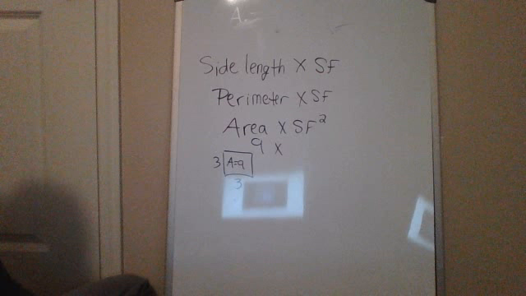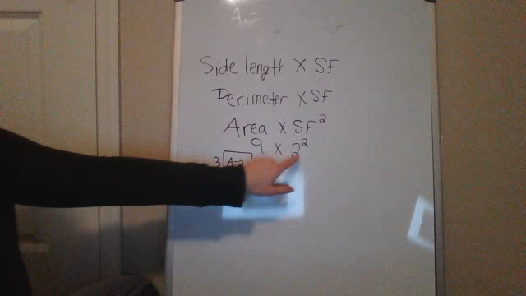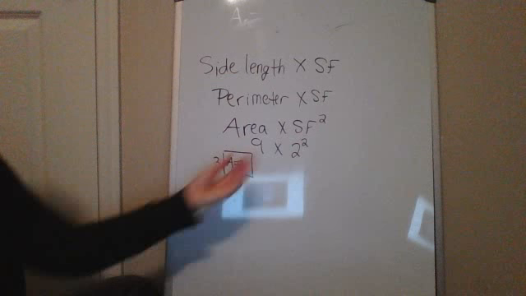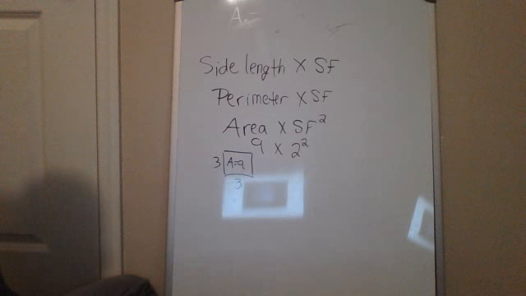Well, the area is 9, scale factor is 2, so because it's area, I square it. So that's the same as 9 times 4, so the area of the new shape would actually be 36. And what this tells us is a scale factor of 2, 2 squared, 4. The area of the dilated shape is actually 4 times as big as the original area.